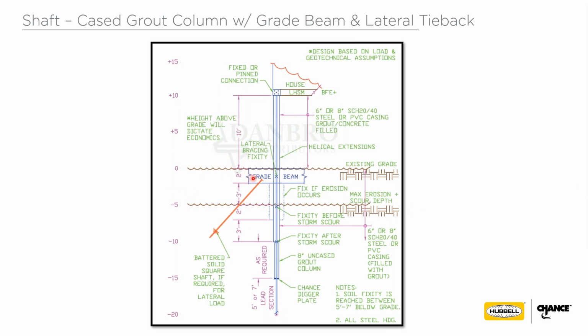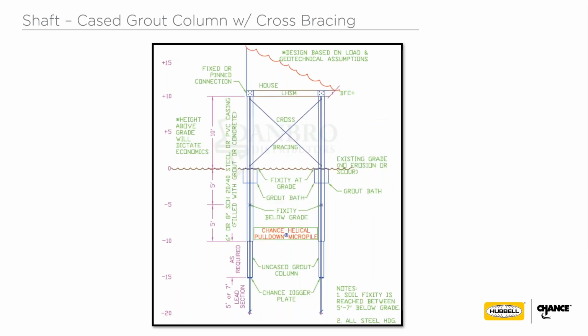I mentioned earlier, grade beams, in some cases with tiebacks, are also an option that can be used. And then cross bracing. Again, you can use cross bracing in A zones and sometimes in B zones, just depending upon how it's done, and on the direction of the flow, which isn't always easy to know.